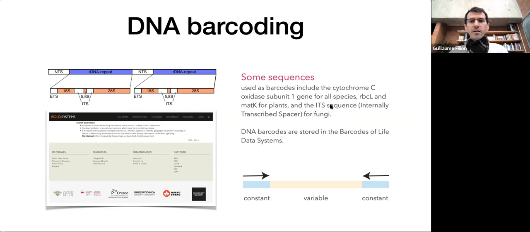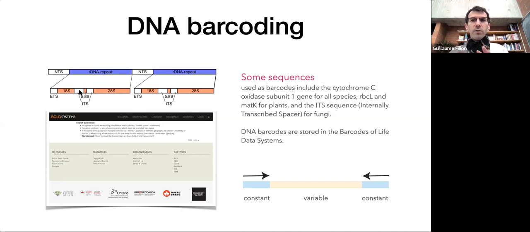And the ITS, that stands for internally transcribed spacer, is this little sequence that I've highlighted here in the ribosomal DNA tandem repeats of fungi. So every fungus has it, and that's actually a very nice thing in the sense that you're not amplifying the ribosomal RNA, you're amplifying something that's inside the locus, because the 18S here and that 5.8S are very conserved, which means it's the perfect place to put primers for a PCR, but the ITS here in white is variable.